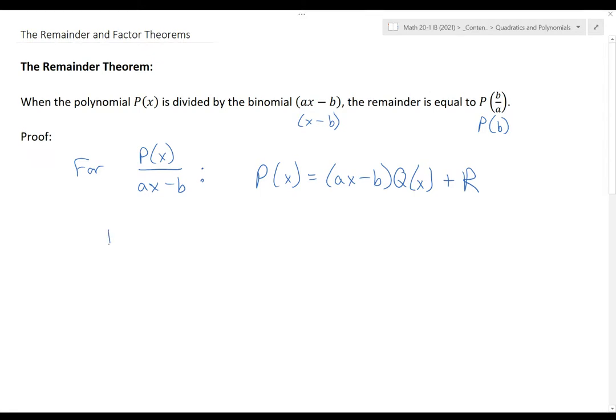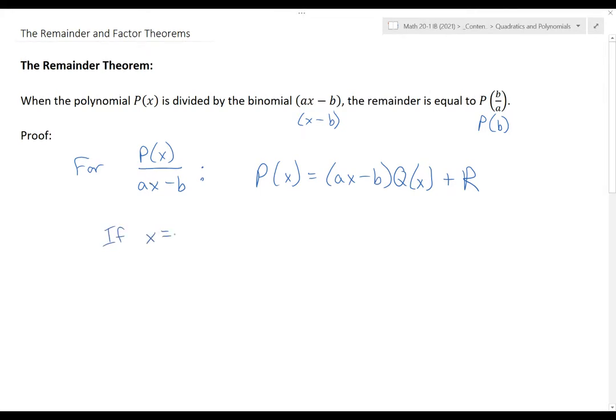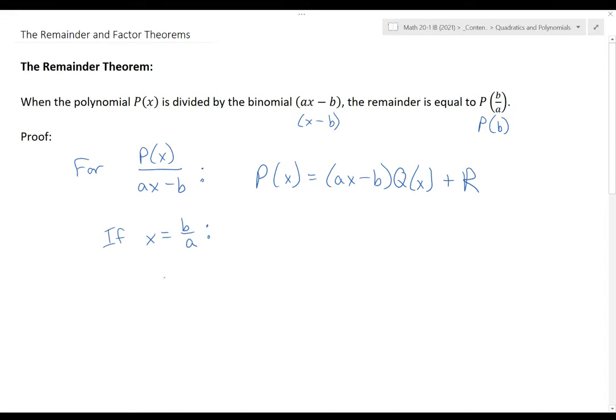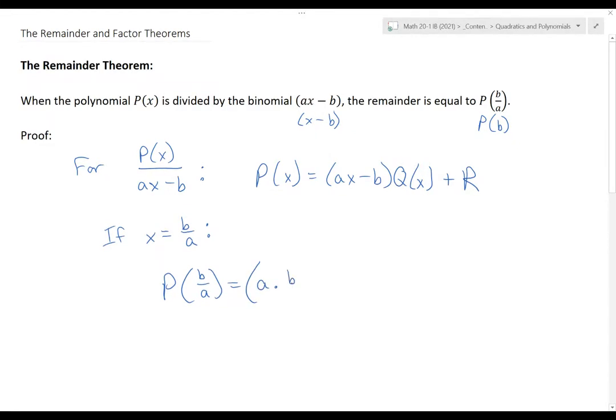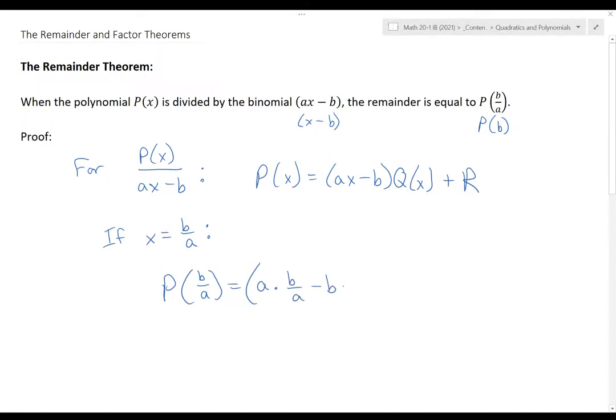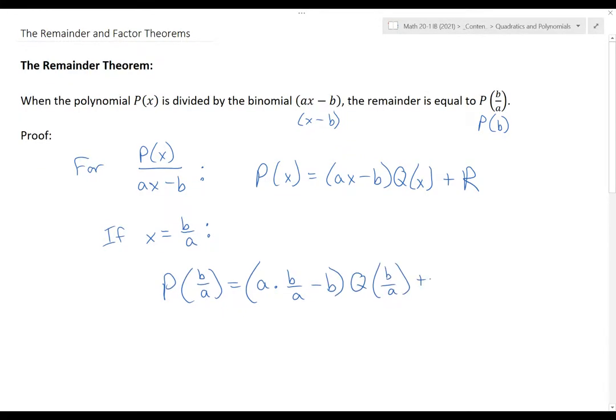So let's look at what happens if x is equal to b over a. Then I have p at b over a equals a times b over a minus b, times q at b over a, plus r, which is just the constant remainder.